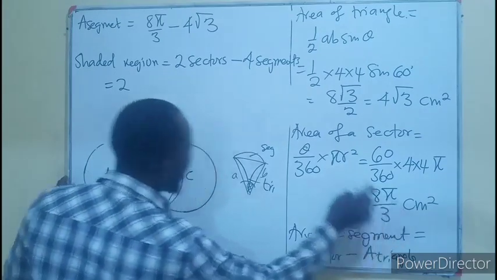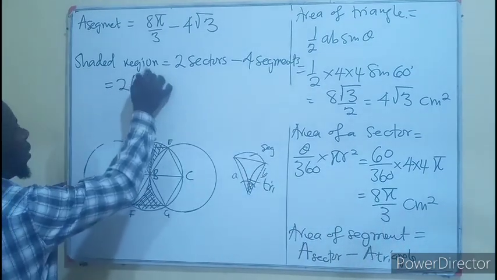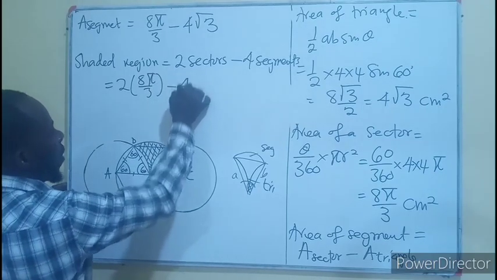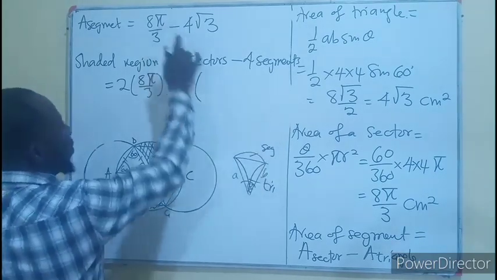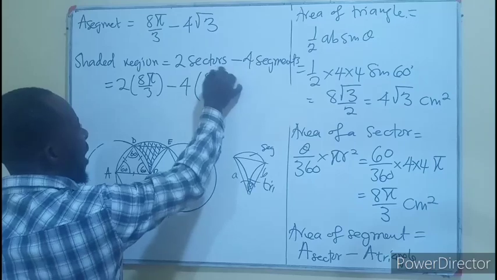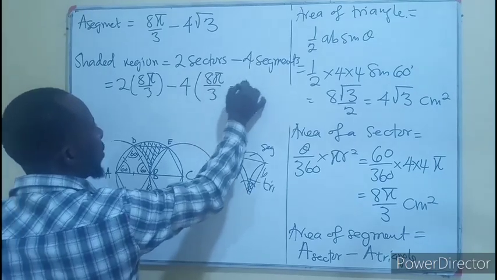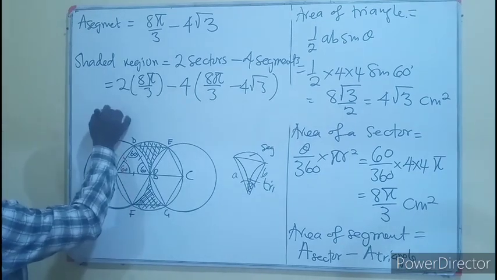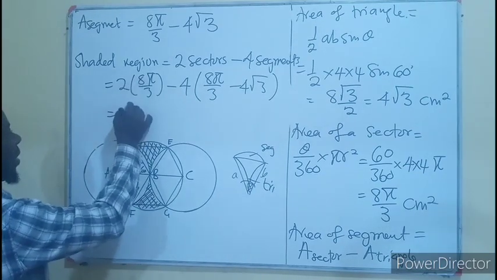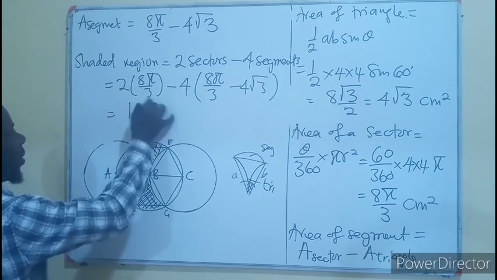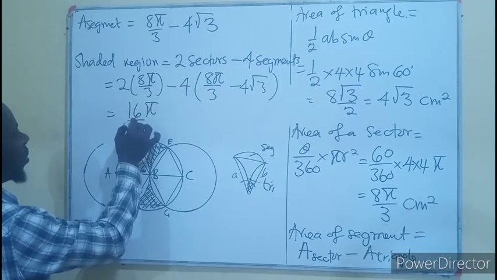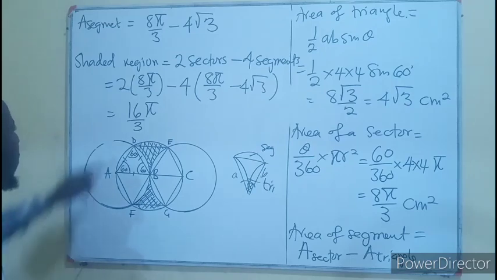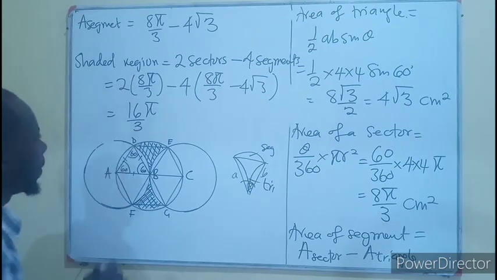I believe you get that, because it's a complete sector, then another complete sector, and out of that sector we are taking away a segment and a segment. So know the area of the sector, subtract the segment, 2 segments from it, then you have that small portion that will be shaded. So this is going to be 2 times sector. Where do we have that? That will be 8 pi on 3 minus 4 of a segment, which is going to be 8 pi on 3 minus 4 root 3. By multiplication, this will give us 16 pi on 3. So this will multiply this, leaving 3.